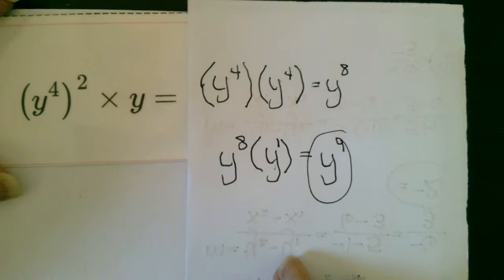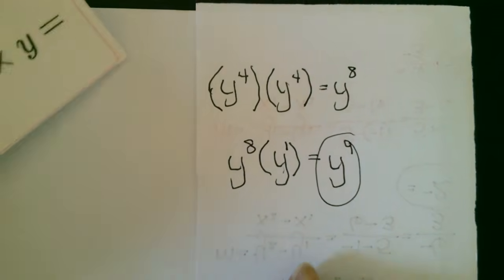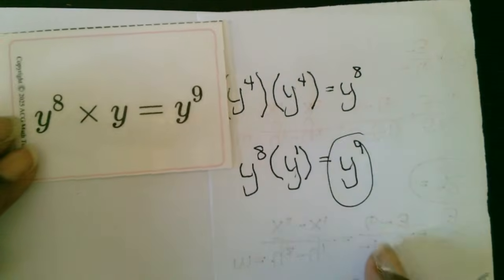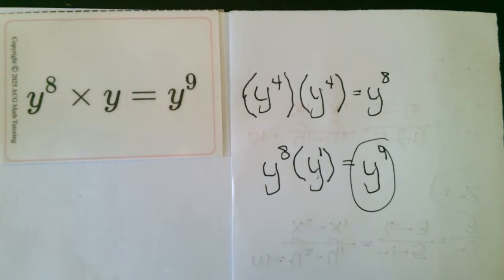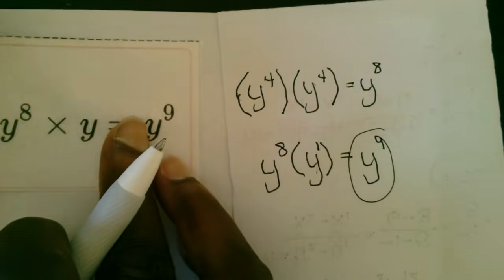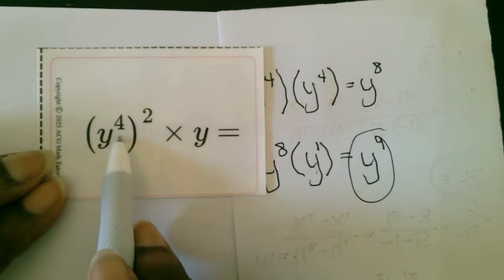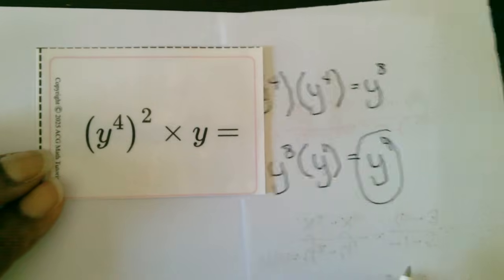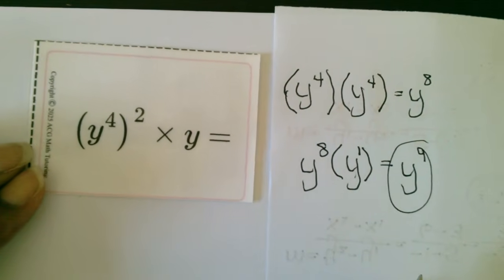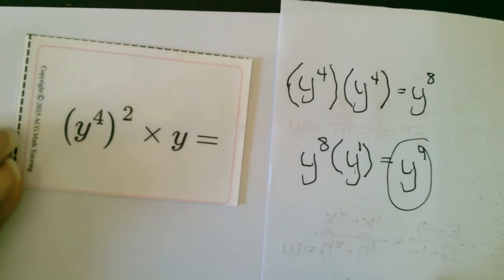Okay, how are we feeling? When you multiply, you add the exponents. When you divide, you subtract the exponents. And if you have an exponent raised by an exponent, you multiply the exponents. Okay, make sense?